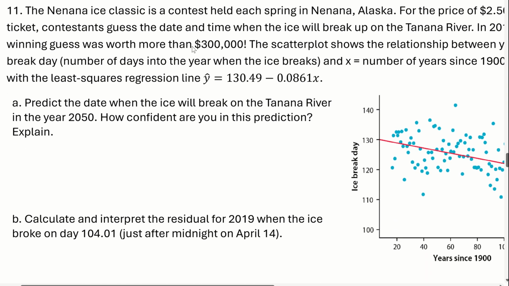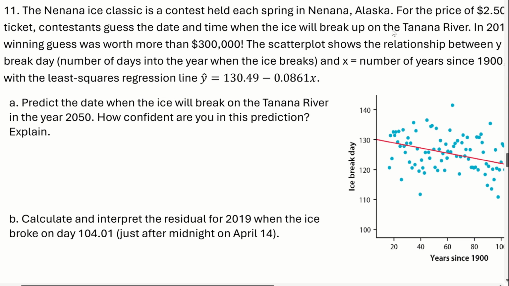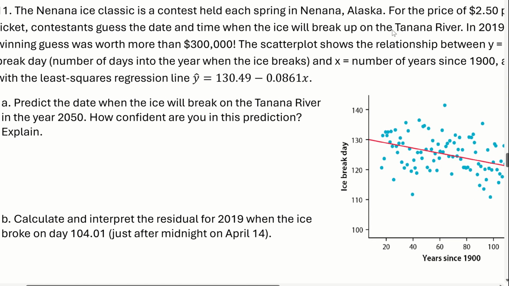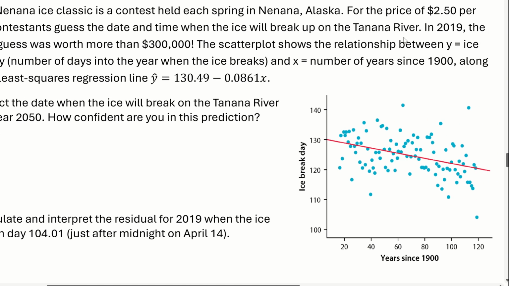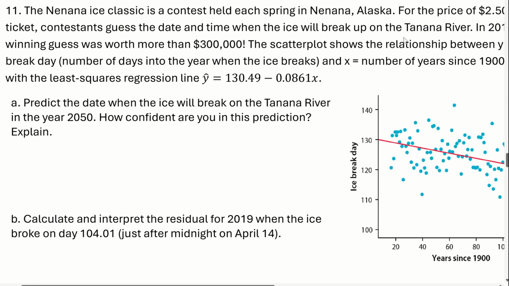The Nenana Ice Classic is a contest held each spring in Nenana, Alaska. For the price of $250 per ticket, contestants guess a date and time when the ice will break on the Tanana River. In 2019, the winning guess was worth more than $300,000 if they were to guess the date and time when the ice will break up.